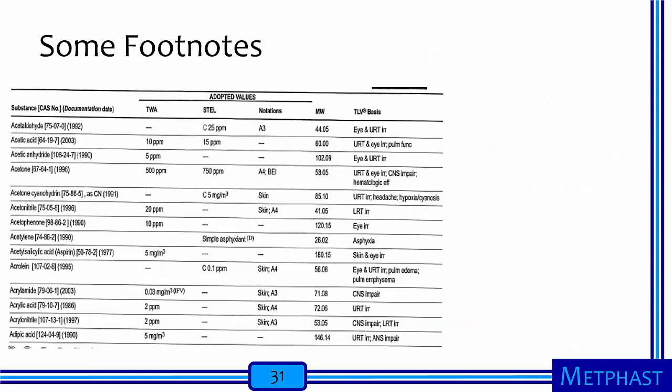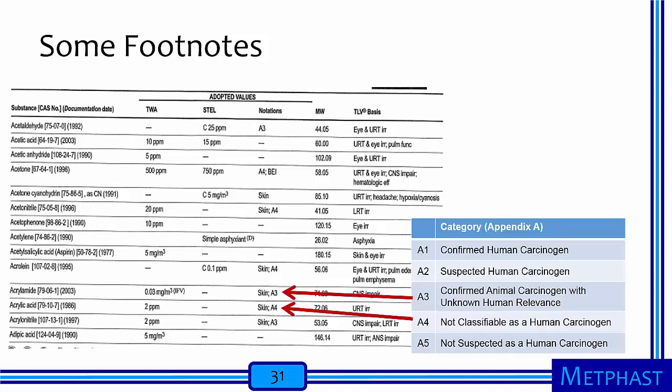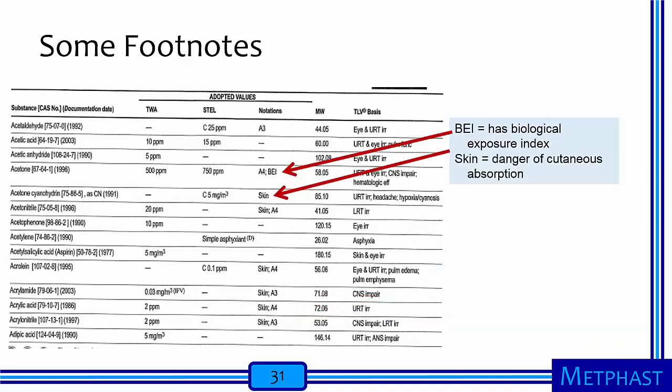Here is another page from this booklet, which I will use to discuss some important footnotes. A1 through A5 indicates varying levels of human carcinogenicity, where A1 is a confirmed human carcinogen and A5 is not suspected as a human carcinogen. BEI means that there is a biological exposure index for this substance.